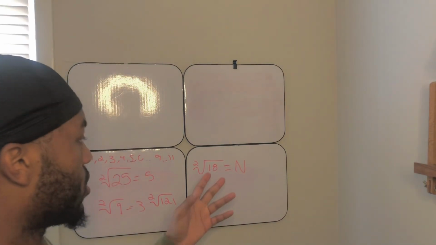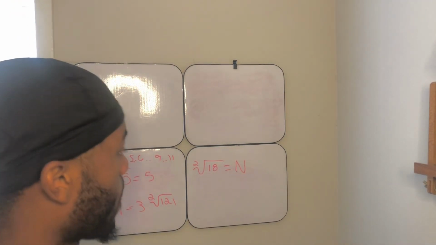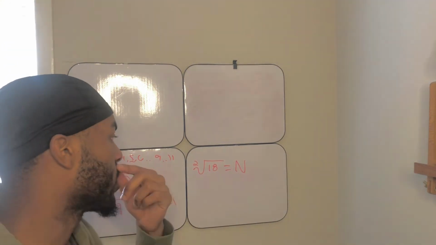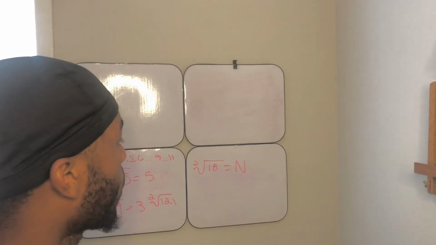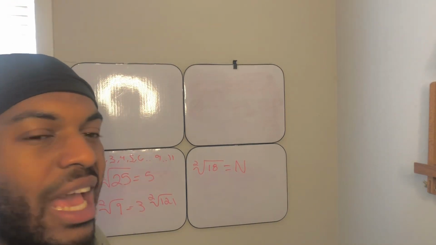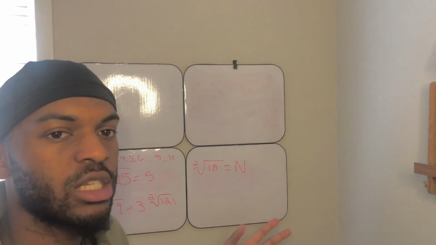So we got this square root of 18. How do we approximate what this number is going to be? Well, basically, what we do is we look at what square roots it's between.